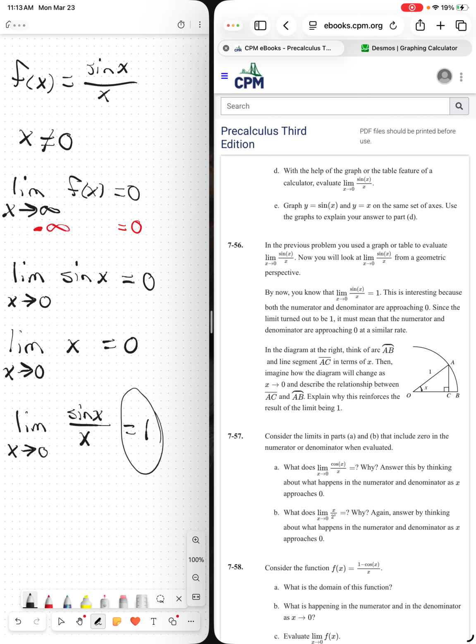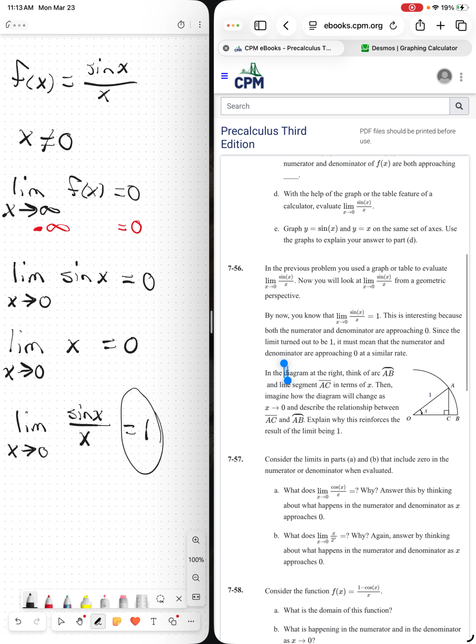Then imagine how the diagram will change as x approaches 0. As that angle gets smaller and smaller, AC and AB become the same. They're really close to the same thing, which is why the limit ends up being 1. So let's consider that, and let's look at the next one.